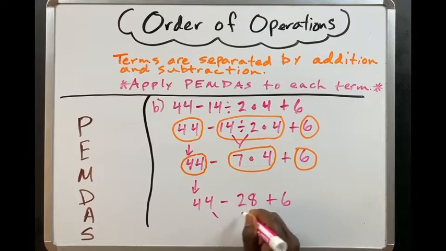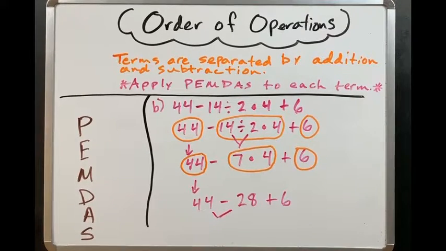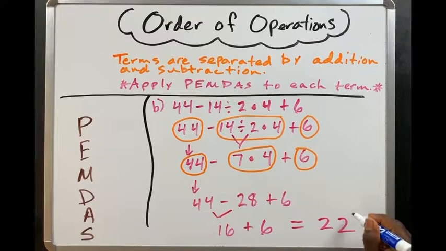In that case, 44 minus 28 is 16. Bring down the plus 6. And then that equals 16 plus 6 is 22, right? And this is our final answer.